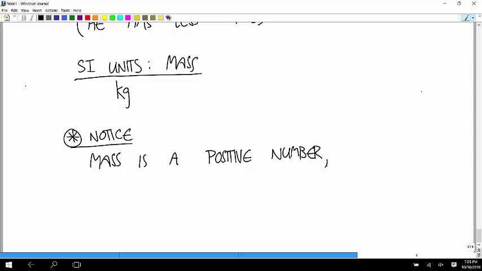That means it's not directional, so we're not going to be treating mass as a vector. A single thing is just associated with a single positive number.